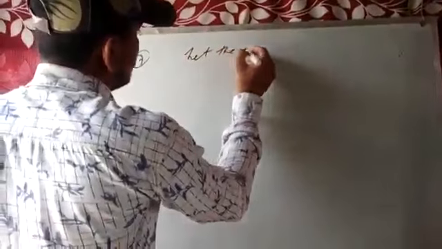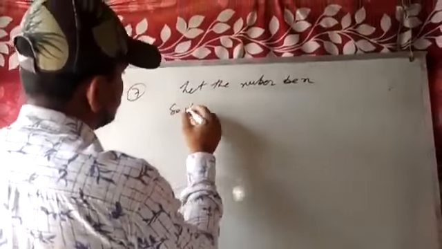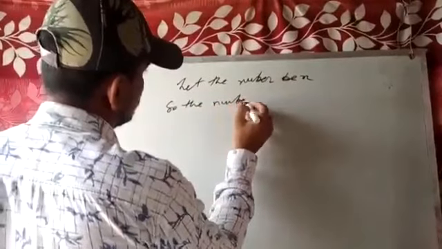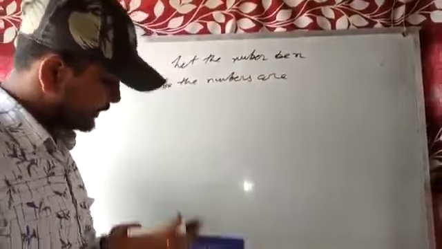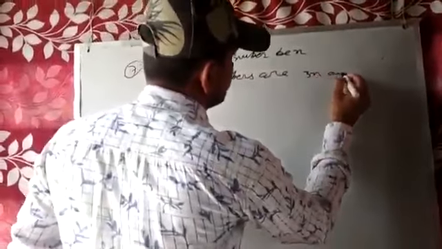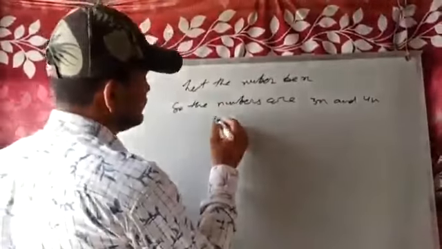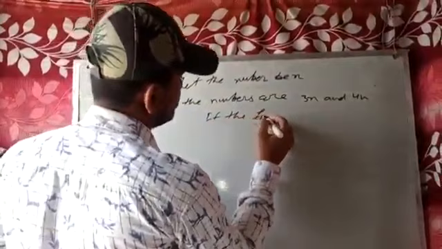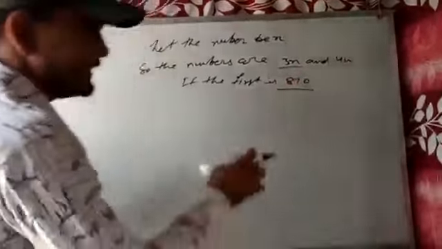So first of all, let the number be x. So the numbers are 3x and 4x.